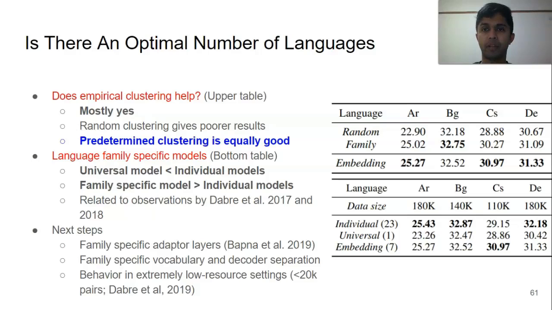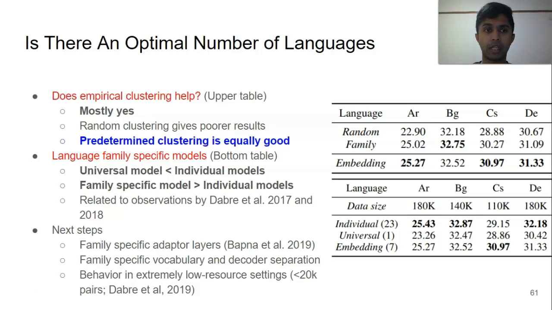Family specific means using the predetermined language families according to linguistic information for language clustering. And of course, it has a strong positive impact on translation quality. But if you use the language families determined by embeddings, then you see that you can get the best possible translation quality, which means that you can use either predetermined language families or empirically determined language families to perform language clustering in multilingual neural machine translation.